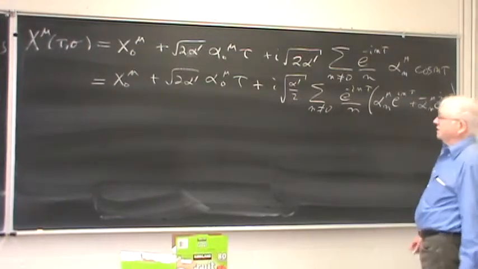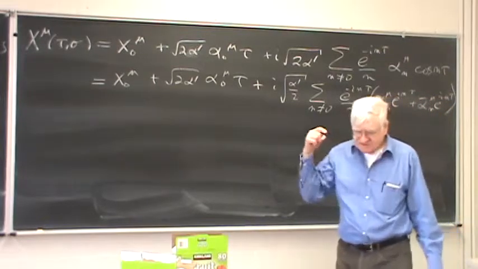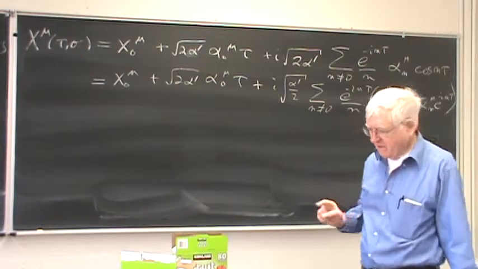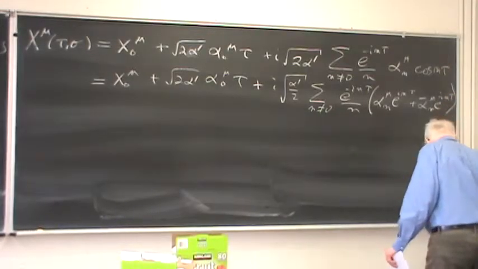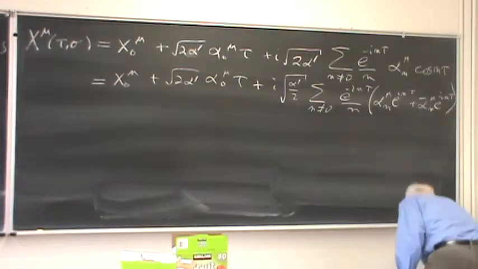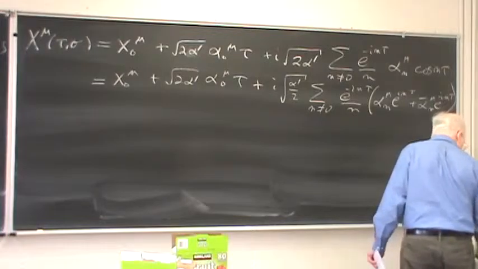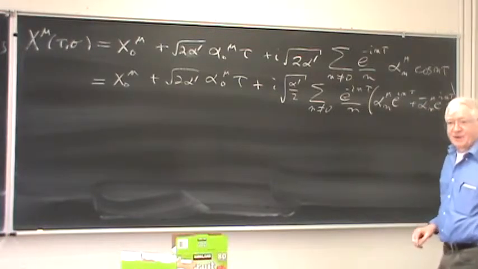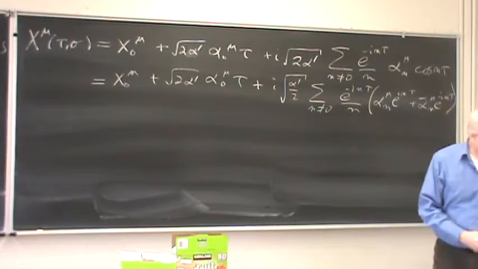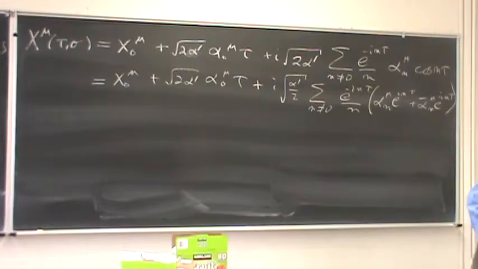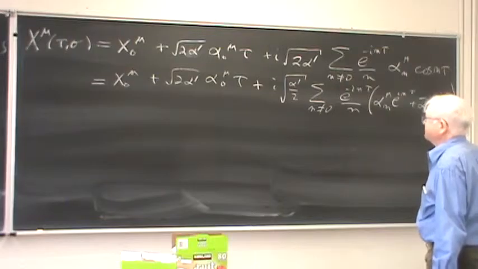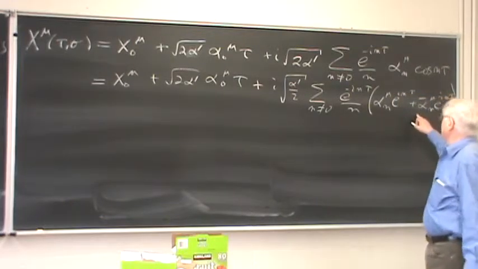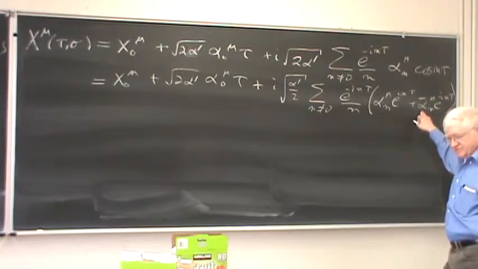Okay, so in closed strings, there's a distinction between left moving and right moving. So this is for closed strings, and you have left movers and right movers, and you have to distinguish between the two.